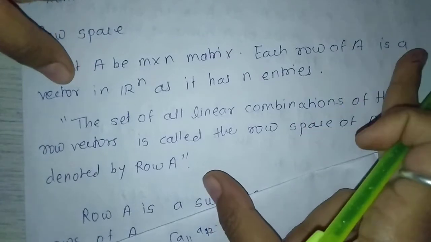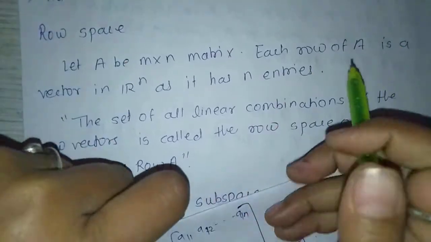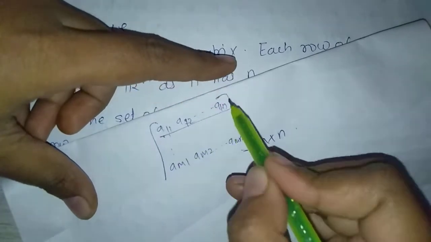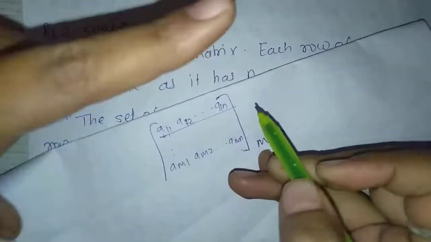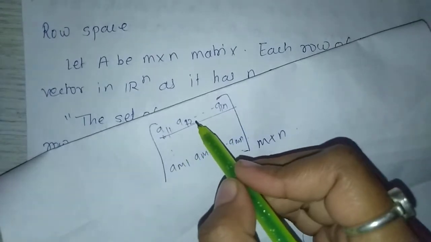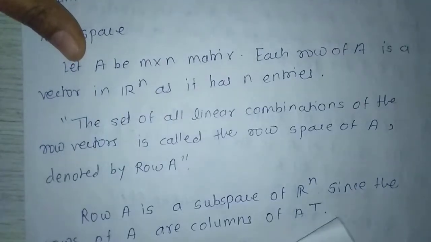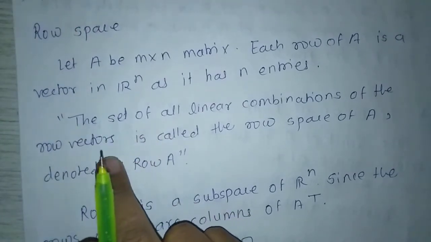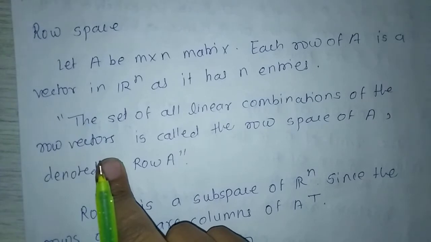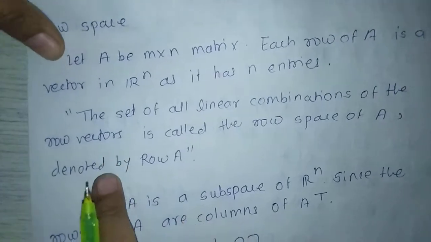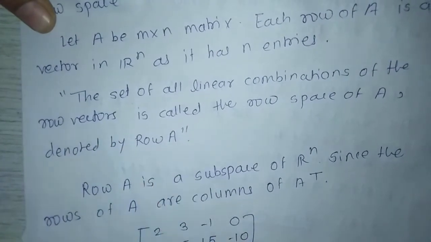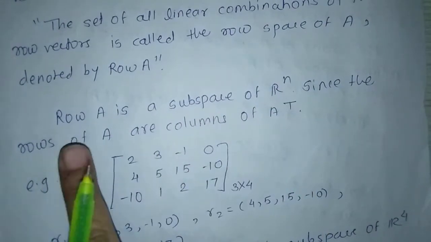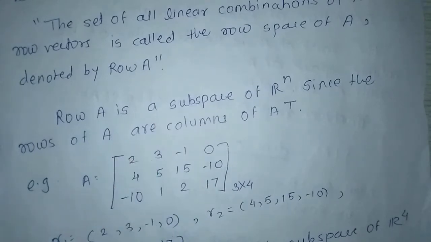And each row of A is a vector in Rn, means these vectors A11, A12 and so on A1n, total number of elements are n, means this vector belongs to Rn as it has n entries. The set of all linear combinations of the row vectors is called the row space of A, denoted by row A. Row A is a subspace of Rn since the rows of A are columns of A transpose.